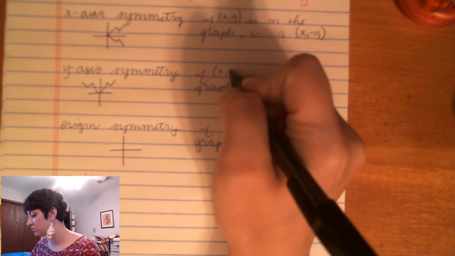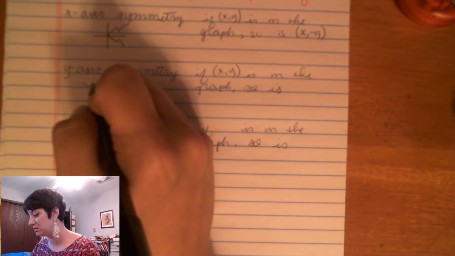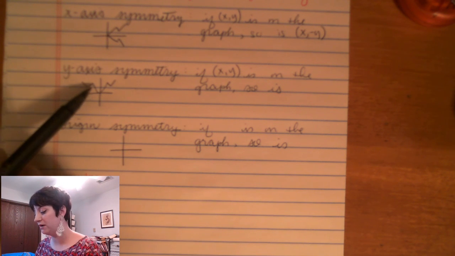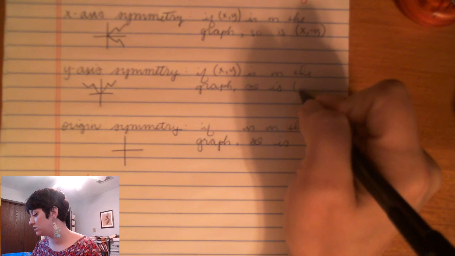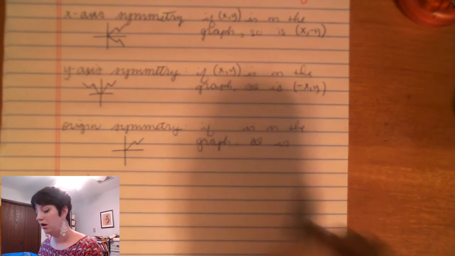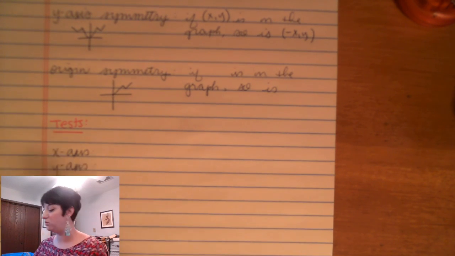If (x, y) is on the graph, so is, well, over on the other side, I still have positive y, but now my x's are negative. So is (-x, y).